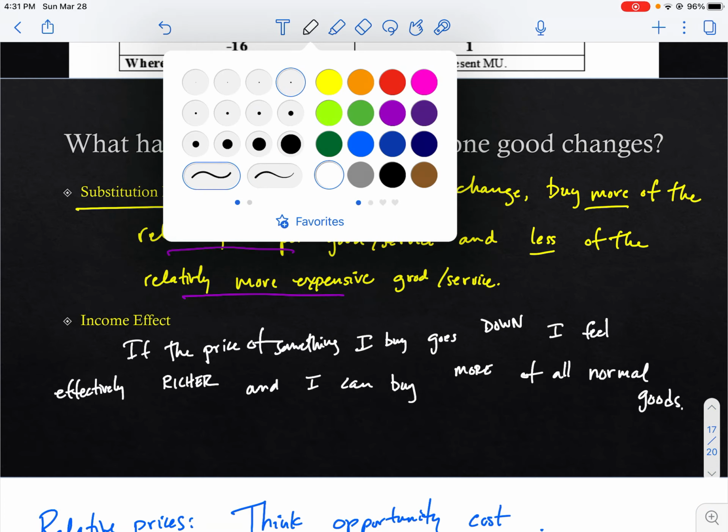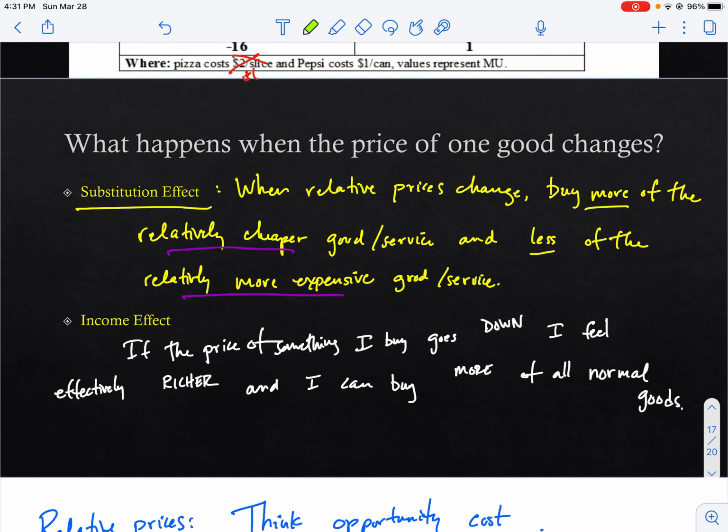Let's fill it in the other direction. Still need something light colored here. We'll use this one. If the price of something I buy goes up, I feel effectively poorer, right? When the price of gas goes up, if gas is now, say $3 a gallon, if the price of gas goes up to $4.25 a gallon, that pinches, right?